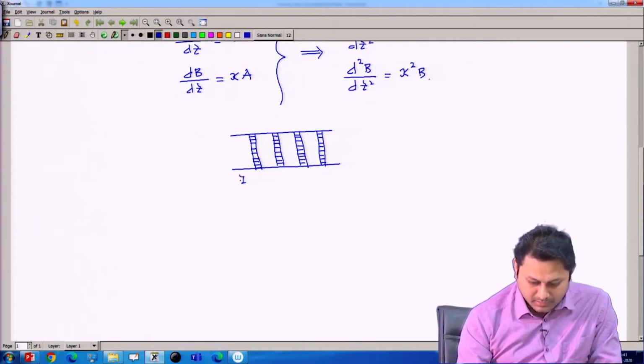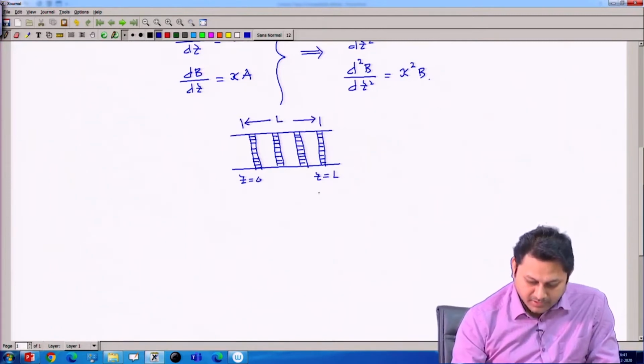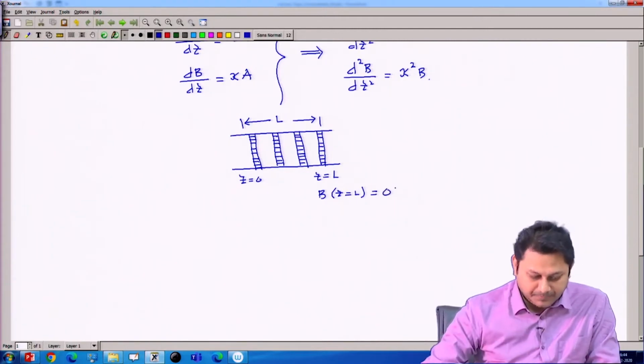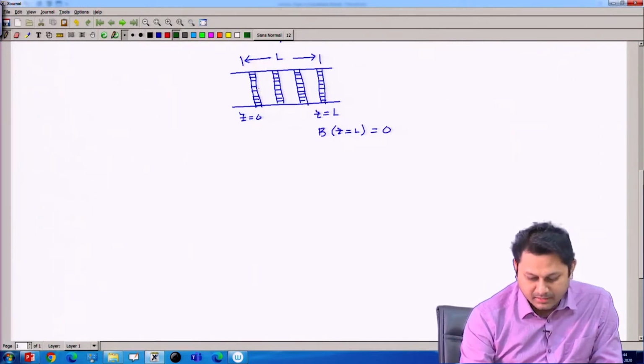This is z equal to 0 and this is z equal to L, the grating length L. At this point B at z equal to L is 0, because the waves reflect back from this point.